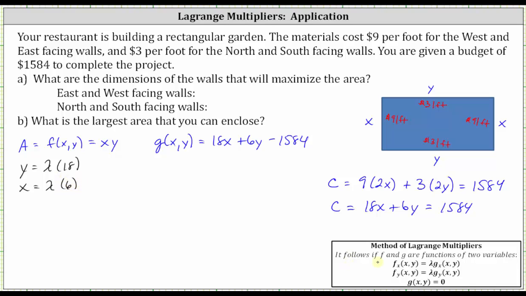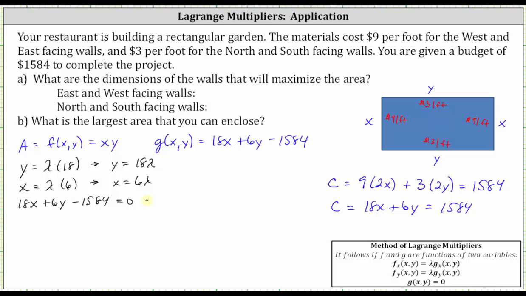And our third equation is g of x comma y equals 0, which is 18x plus 6y minus 1,584 equals 0. Notice our first equation is y equals 18 lambda, and the second equation is x equals 6 lambda. And now we'll determine the value of lambda by performing substitution for x and y in the third equation.